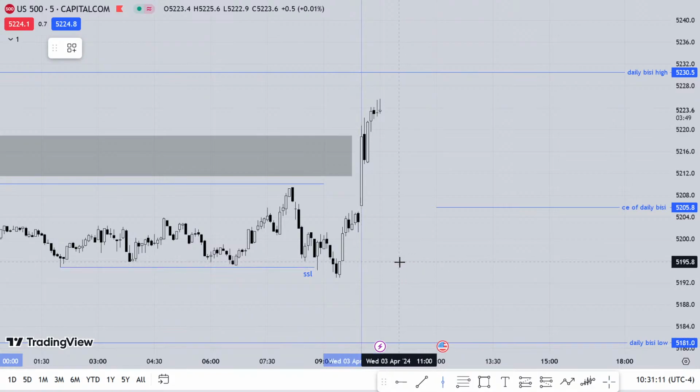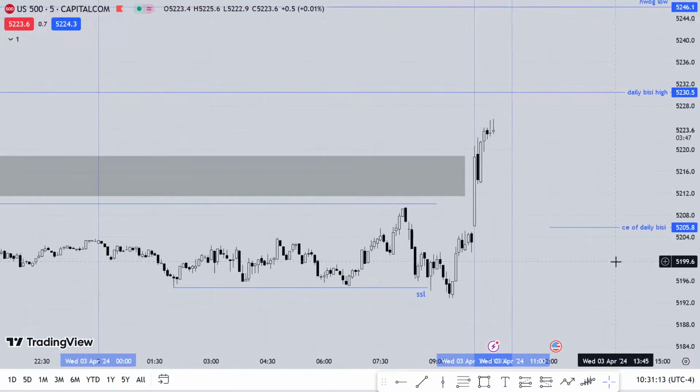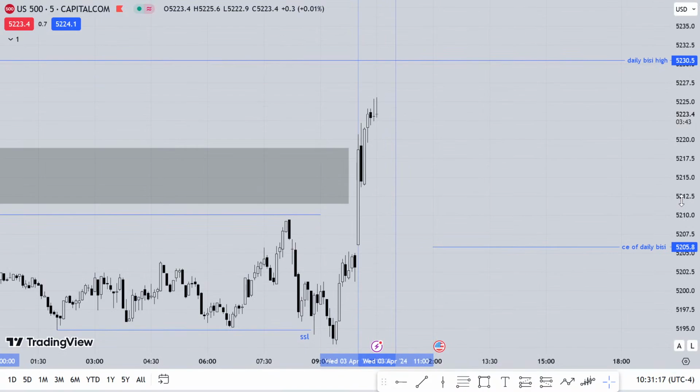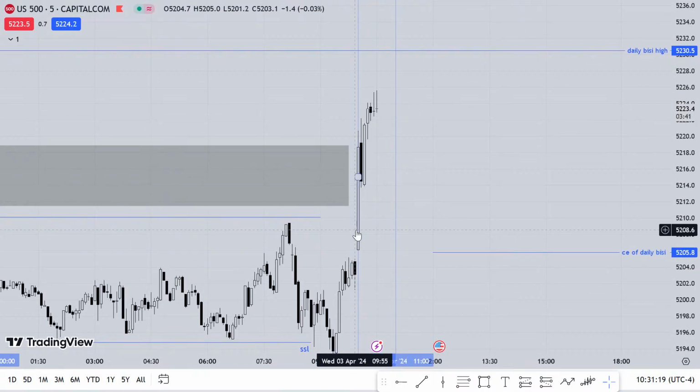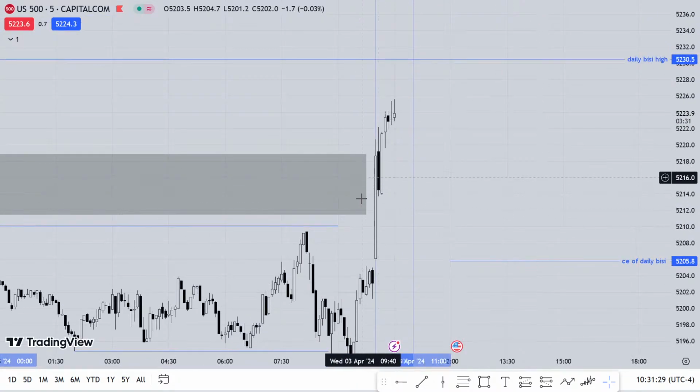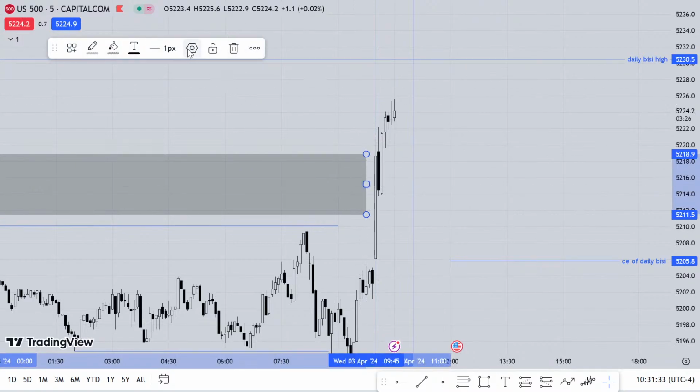So if you're trading the 1 hour window for the silver bullet model, this is what price did. Price rallied higher, leaving this rally higher into this fair value gap in the 50 minutes.